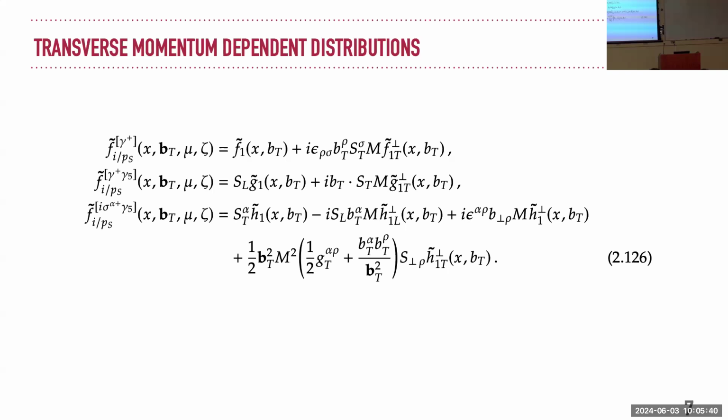The first example will be this: the integral d2kt, kt i of e to the minus i kt dot bt, f of kt. We want to Fourier transform it. We know now how we do it. We just apply this operator here, the derivative, to our J0.